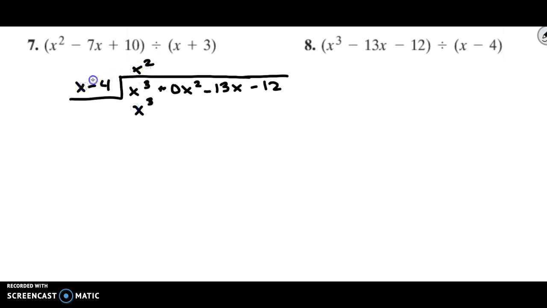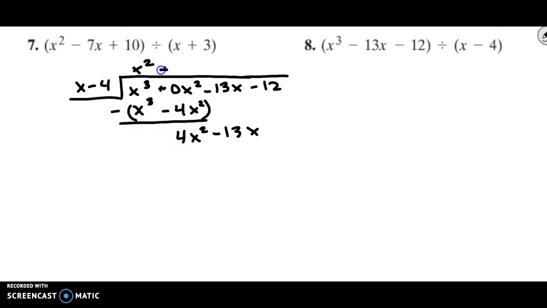What I do to the first term, I have to also do to the second. So that would give me negative 4x squared. Now I'm going to subtract this expression from the one above, so this cancels, and then you have 0 minus a negative, which gives you 4x squared. We bring down the negative 13x. Now I look at this first term, and what do I do to x to make it match 4x squared?